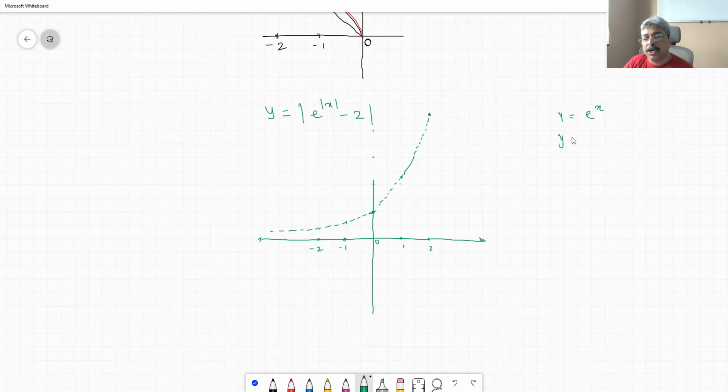Okay, now you are supposed to look at y is equal to e raised to mod x. So wherever x is negative, consider it as positive. This is making it symmetric with respect to the y axis.